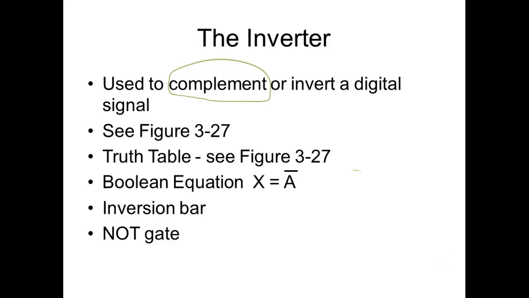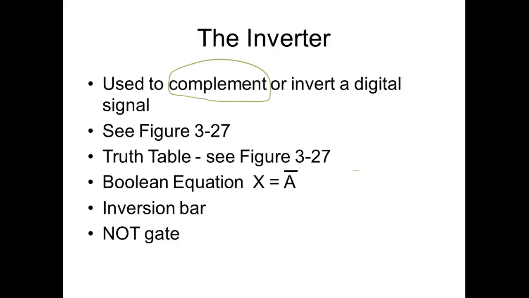We looked a little bit at transistors, right? We have NPN and PNPs, but we can get two transistors that have the same specifications, and they're called complementary pairs, which means they're opposite of each other, but they have the same specs. So the inverter is used to complement or invert a digital input.